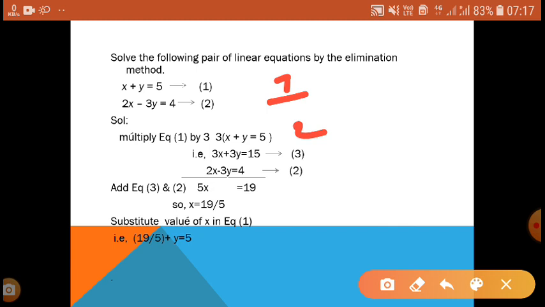Both coefficients are not equal. So let us observe y. In the first equation the coefficient of y is 1 and in the second equation the coefficient of y is 3. Here the sign does not matter, we only see the numerical value.